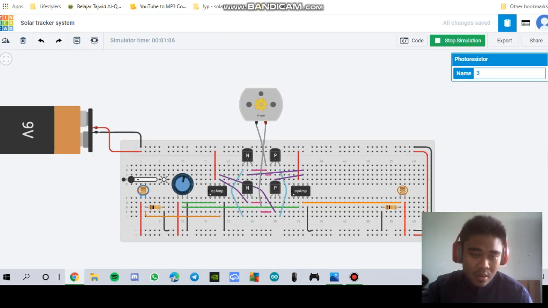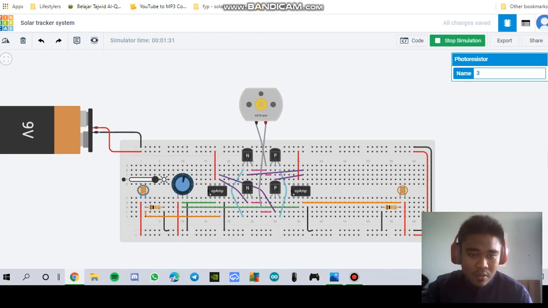When it receives the light of the sun, it goes high, and automatically the resistance of this LDR1 becomes very low. When the resistance of the LDR is low, it allows the voltage and current to flow through the circuit.